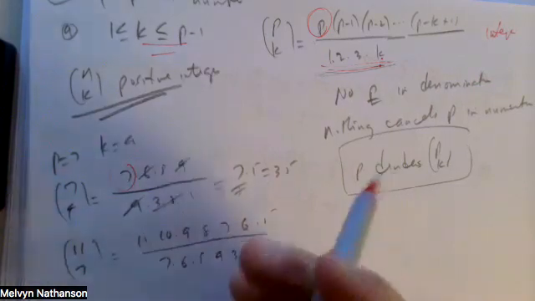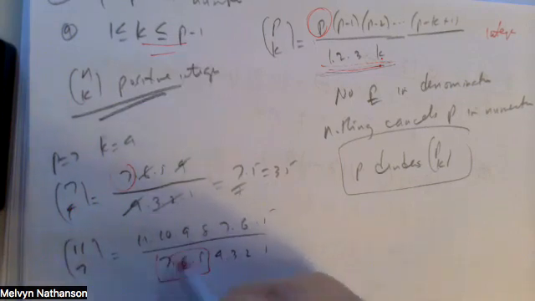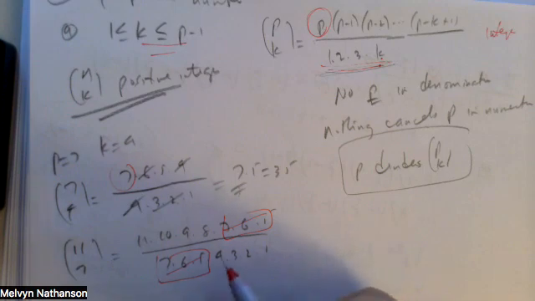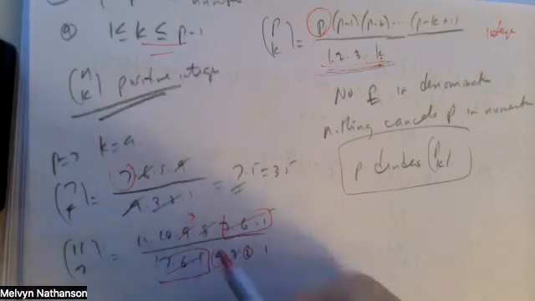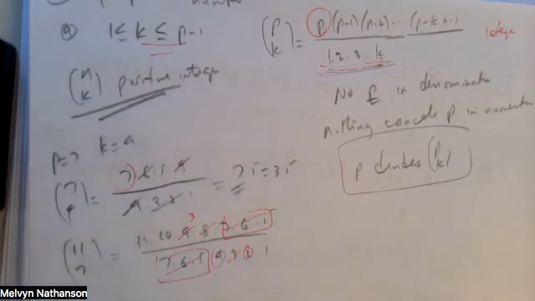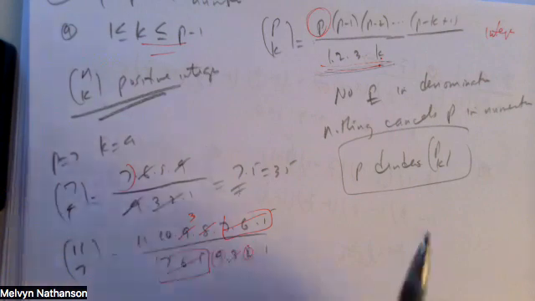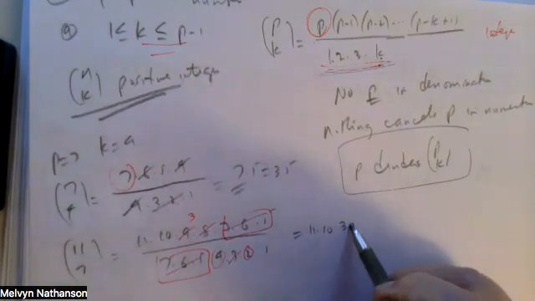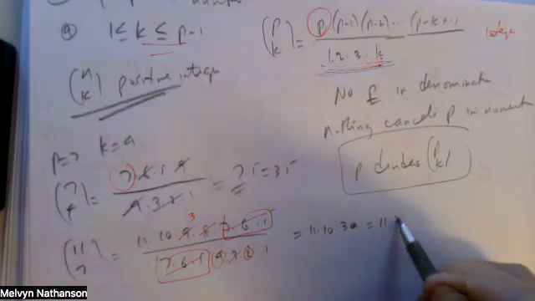So let's say here I have 7, 6, 5. Here's 7, 6, 5. That cancels. I have 4 times 2 is 8, which cancels the 8. 3 goes into the 9. That gives me 3. So this is 11 times 10 times 3, which is 11 times 30.